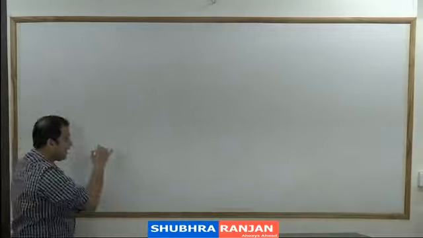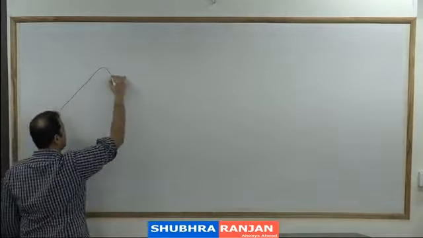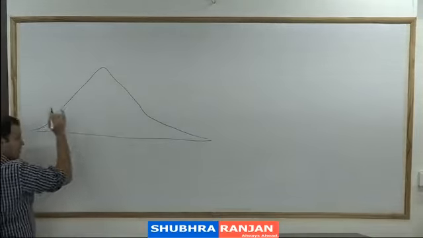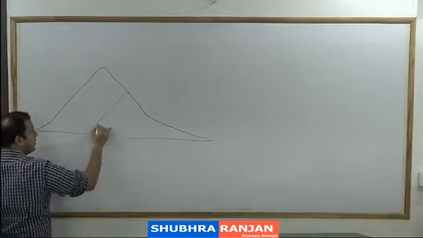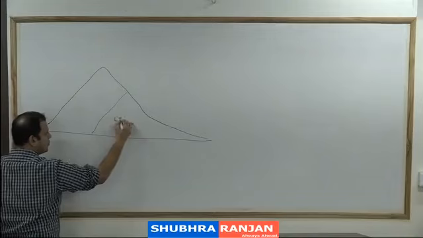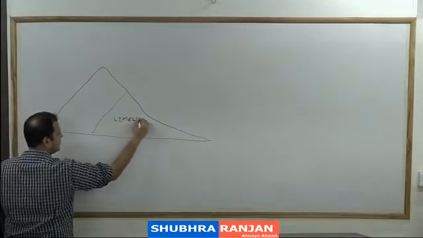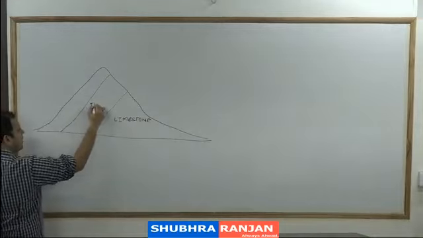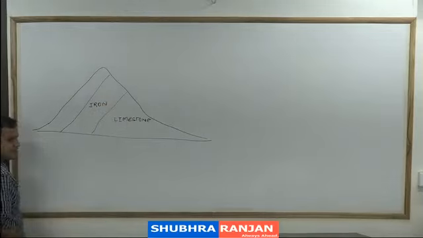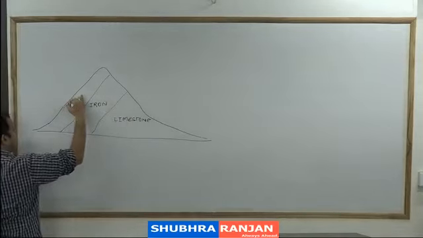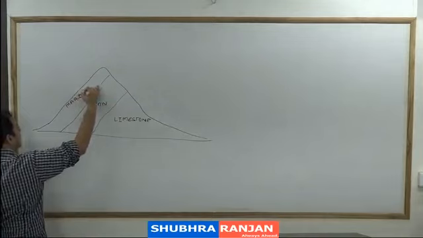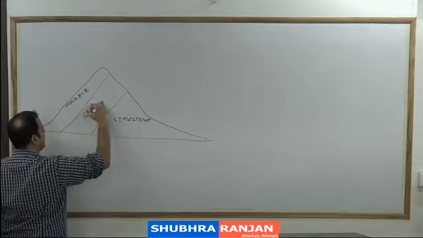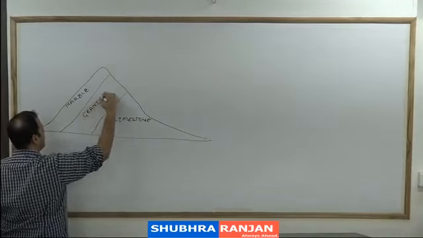Now I am asking you a generalized example: if this is a rock or a mountain and some part of it is made up of limestone, some part of it is made up of iron, which is the most common mineral here, some part of it is made up of marble, or forget iron, some part of it is made up of granite.